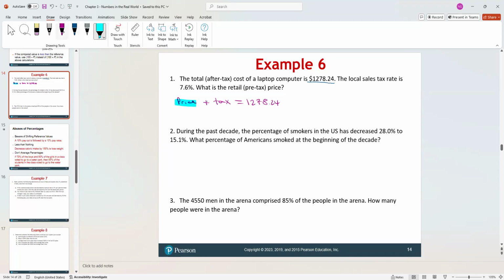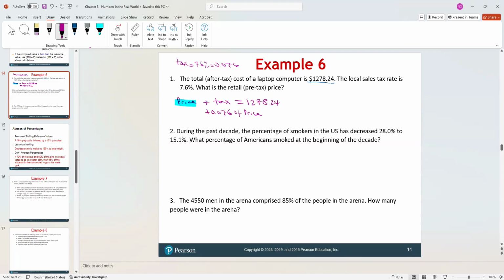So how do we find it? The good news is we know the tax. The tax is 7.6%, or 0.076, of what? 0.076 of the price, right? Remember, that's of the price.